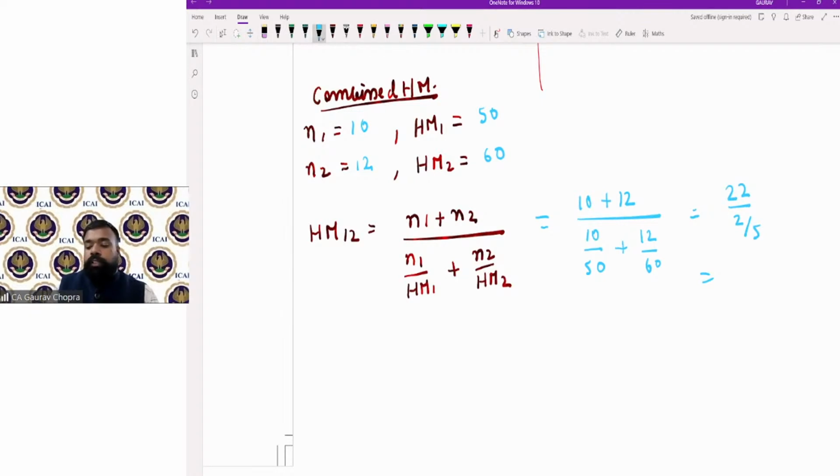So how much is the result? 55. Is this the answer? Check this out. So 55 becomes your harmonic mean. So in this way, we can calculate combined HM, combined harmonic mean.